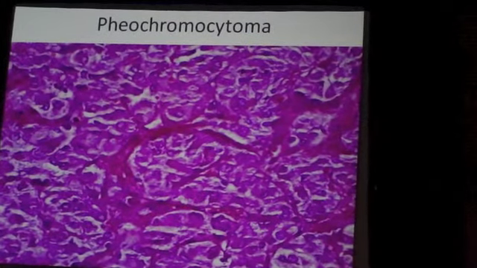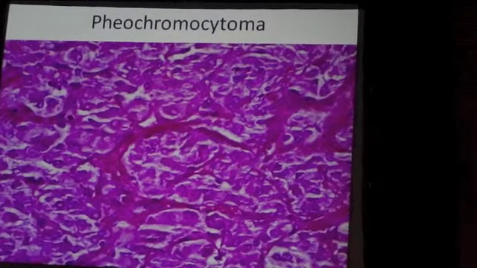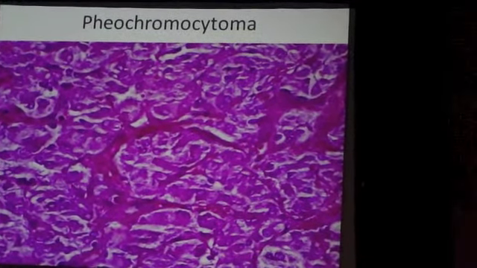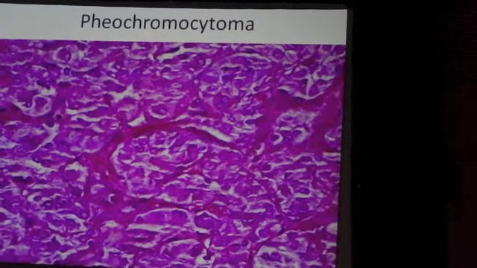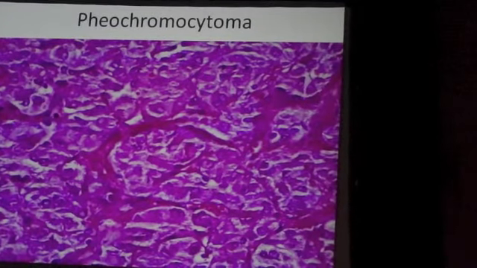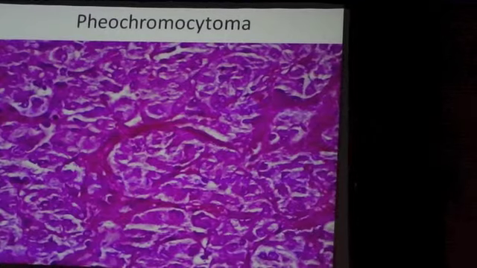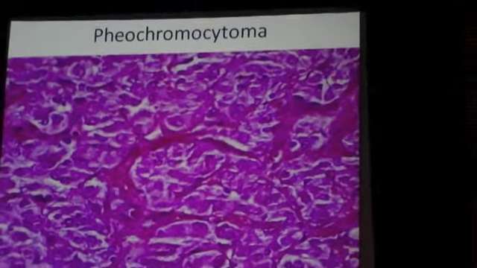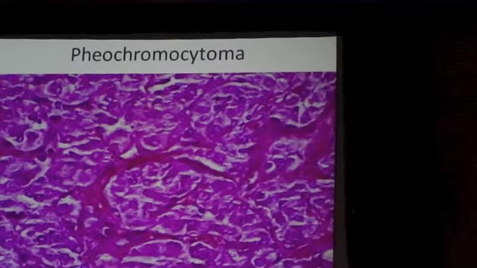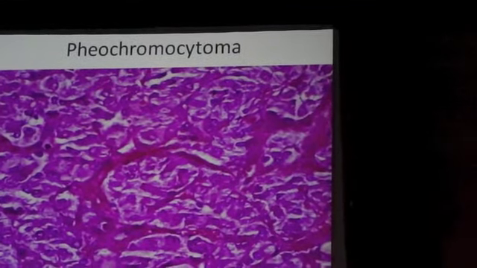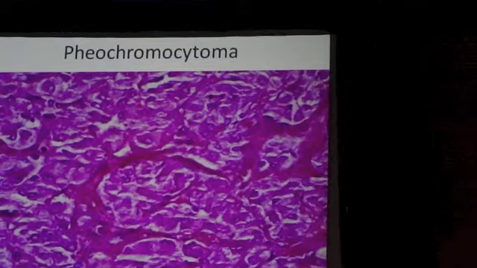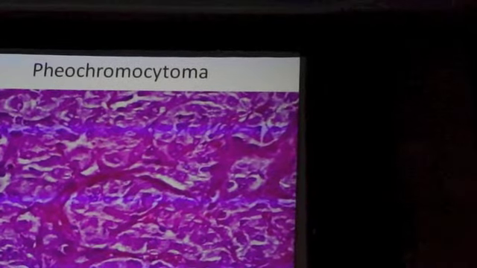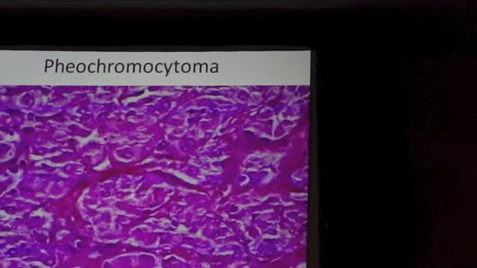So in 1950, the individuals that were starting the field at that time said that you can't make a diagnosis of a malignant pheo unless it extends outside of the adrenal glands, and even lymph nodes close to the adrenal would not necessarily be malignant pheochromocytoma. And we've had almost 100 years to work on this, and we're still perplexed in terms of not being able to make a diagnosis of malignant pheo.